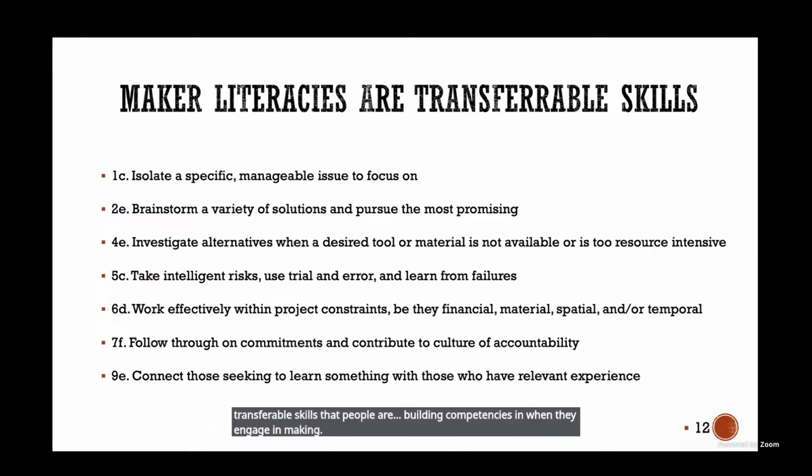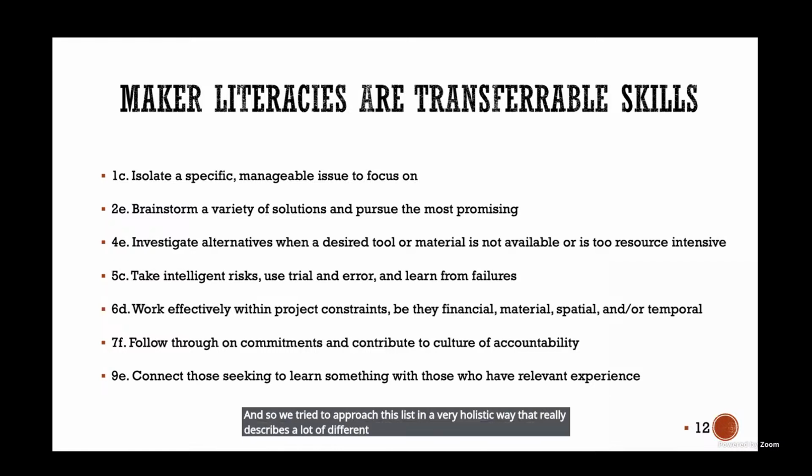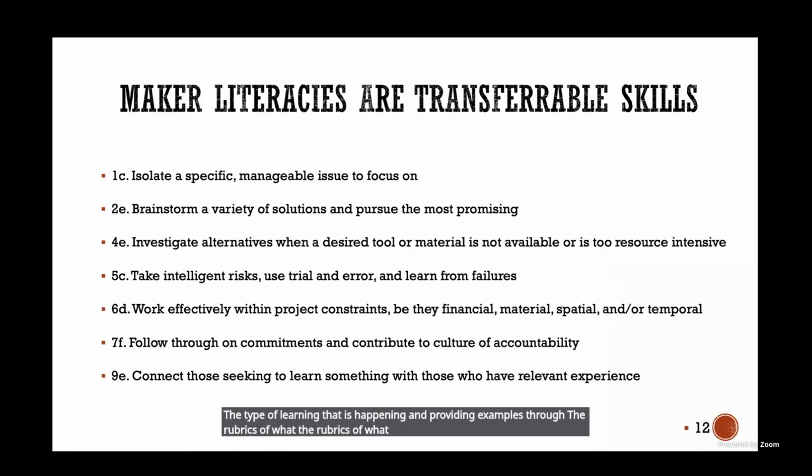We tried to approach this list in a very holistic way that really describes a lot of different facets about the types of things that people are going to be learning, whether they're conscious of it or not, and as a way of naming the type of learning that is happening and providing examples through rubrics of what expert level finesse within that competency area looks like and what moderate or developing might look like, to give students a path towards leveling themselves up.